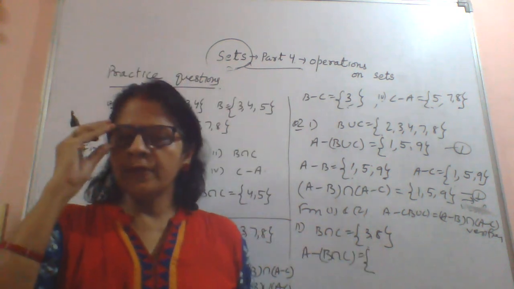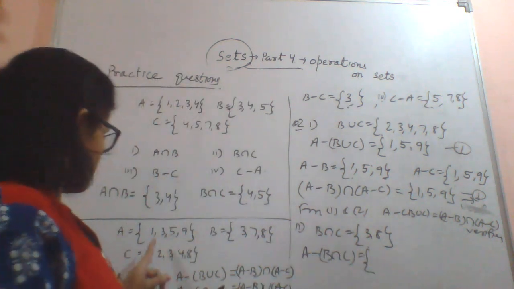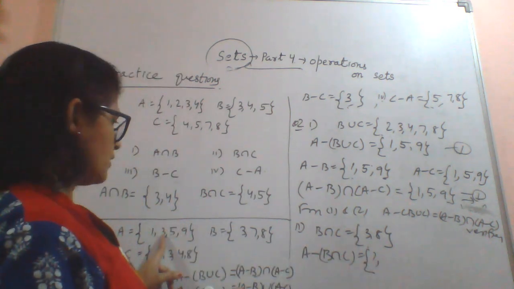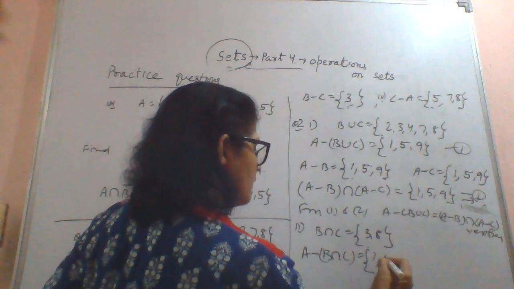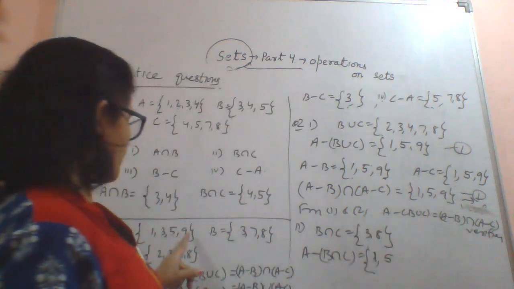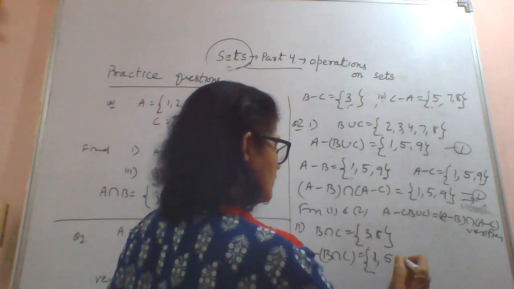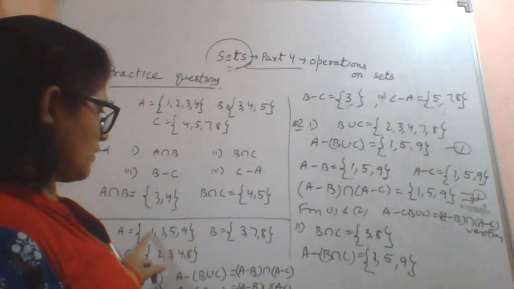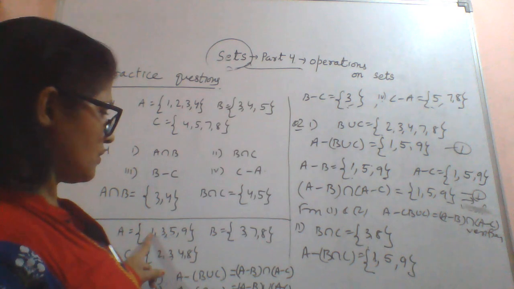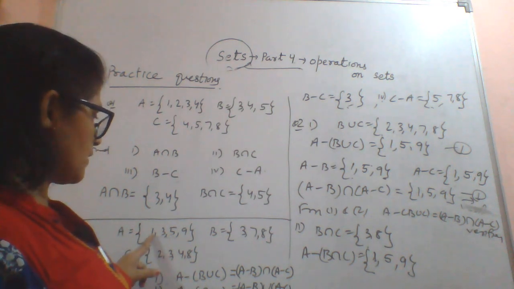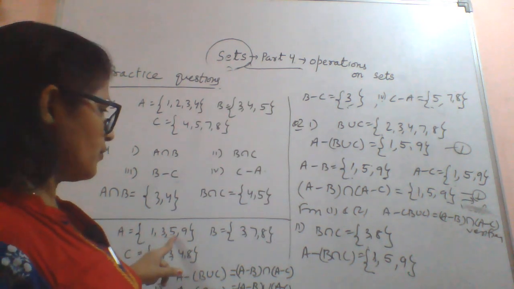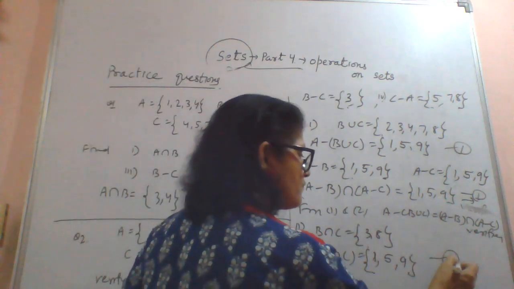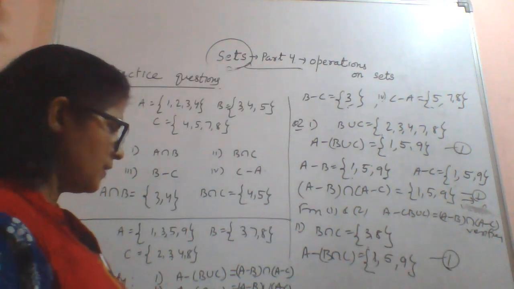It will be in A, not in B intersection C. So 1 is not there, we will take it. 3 we will not take. 5 we have to take. 9 also we have to take. So this is your first part of the second question, I mean LHS.